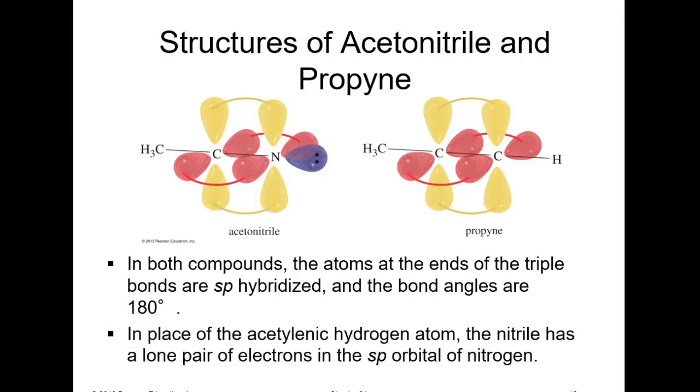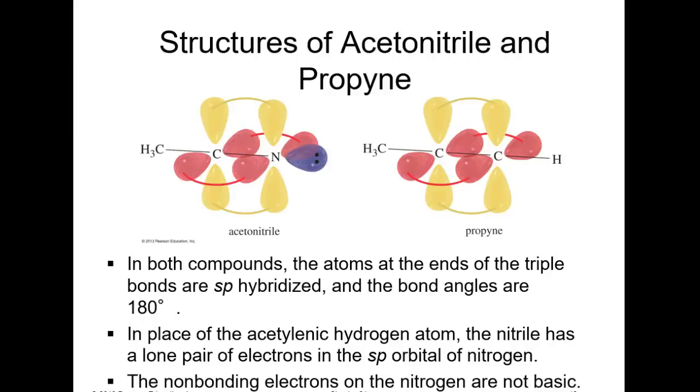So it's very similar to propyne, but in place of the terminal hydrogen, which they call the acetylenic hydrogen atom, the nitrile has a lone pair of electrons in an sp hybridized orbital. This is interesting: those non-bonding electrons on the nitrogen are not that strong of a base.